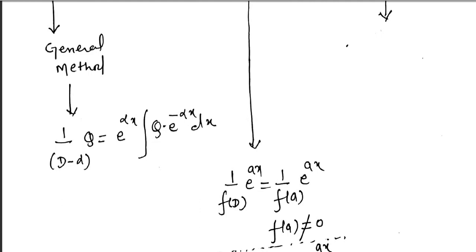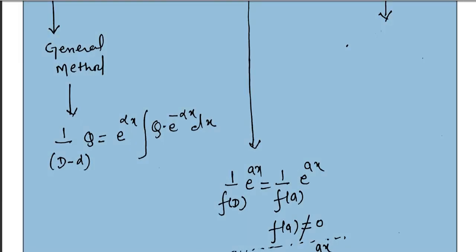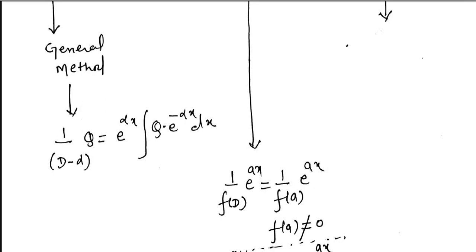Whenever we are talking about the general method, the formula is 1 upon D minus alpha of Q is equal to e to the power alpha x integration of Q into e to the power minus alpha x dx. Okay, so look at here. If we are taking minus alpha, then in the formula here we use alpha x and here we use minus alpha.